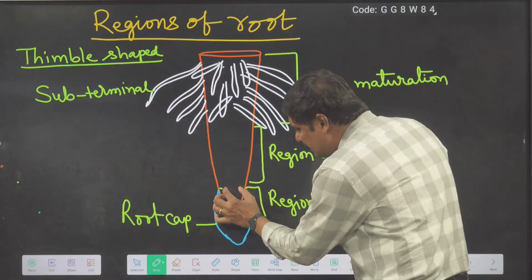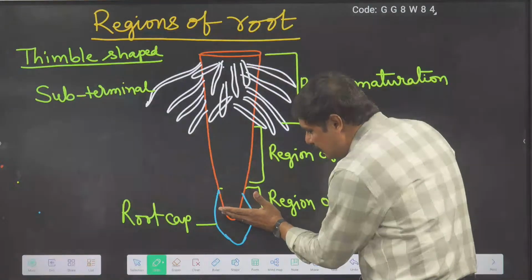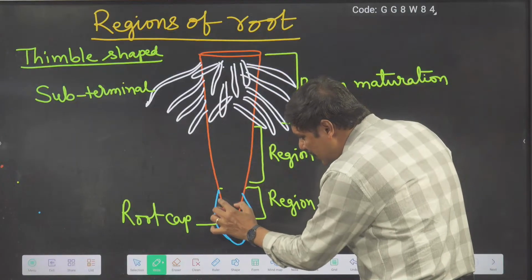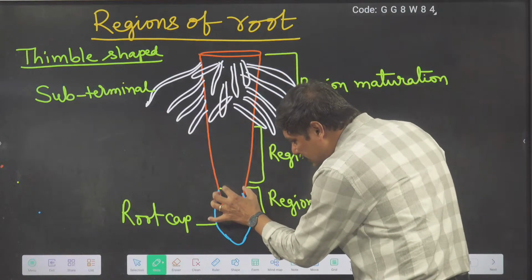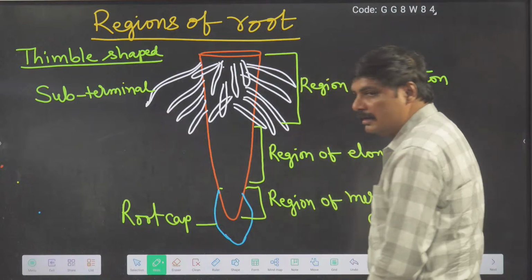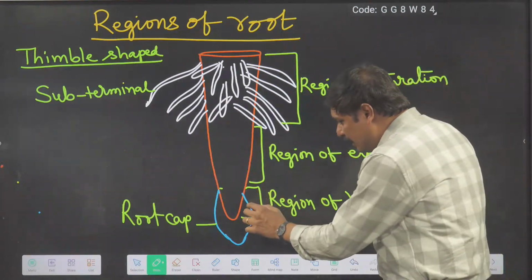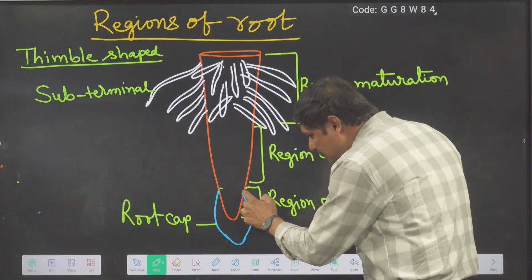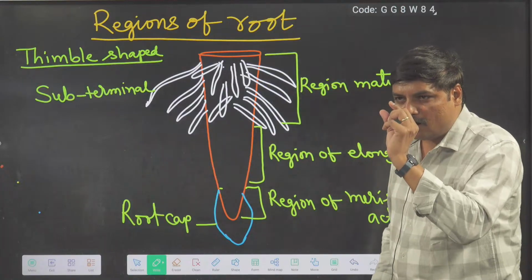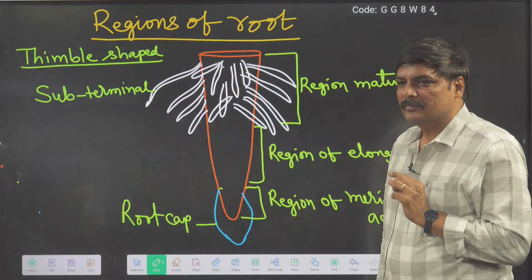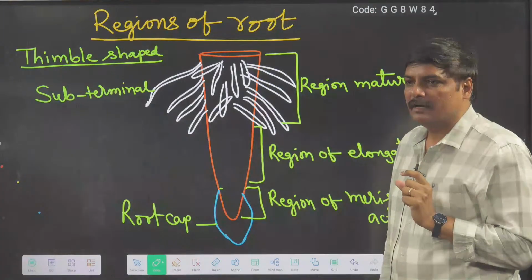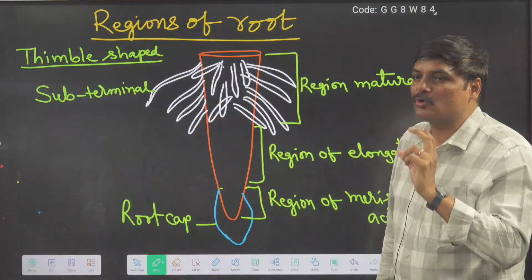Now, this portion is called the meristematic region. The cells of this region are small, thin-walled, and contain abundant protoplasm.